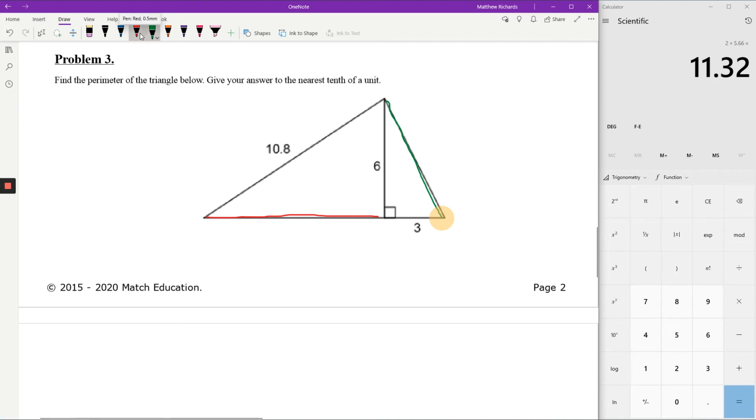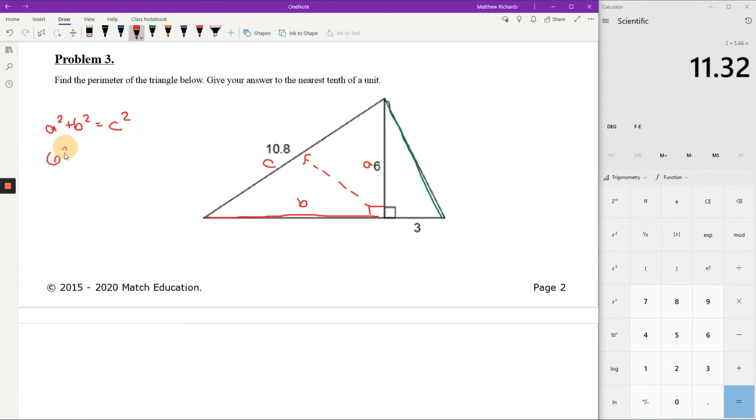Well, in order to do this, we still have a right angle here. Let's do this triangle on the left first. This side out here is going to be my C. We'll call the 6 in this question my A, and the missing side B. And so A squared plus B squared is going to equal C squared.